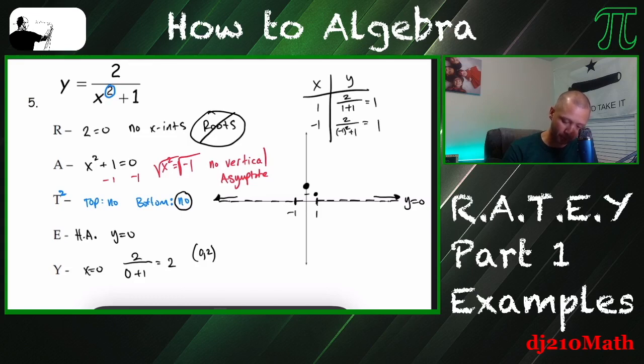So again, we're going to get 1. So at -1, we get 1. So it's going to look like this. It's going to cross at 2, come down towards 1, and then just start heading towards the horizontal asymptote.